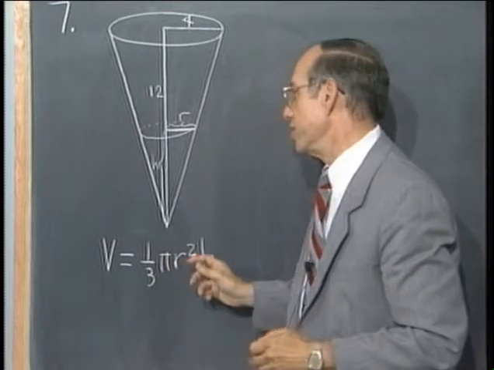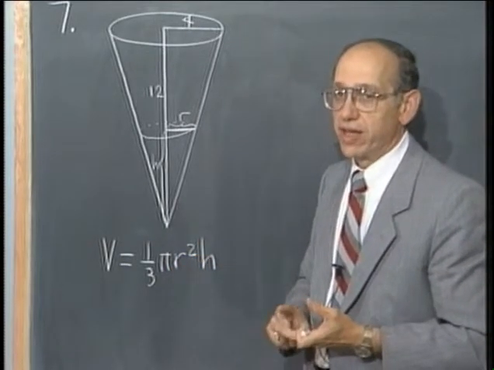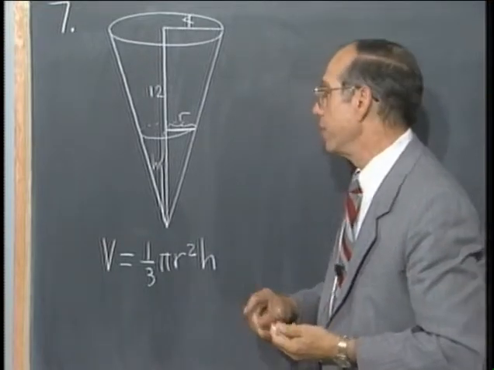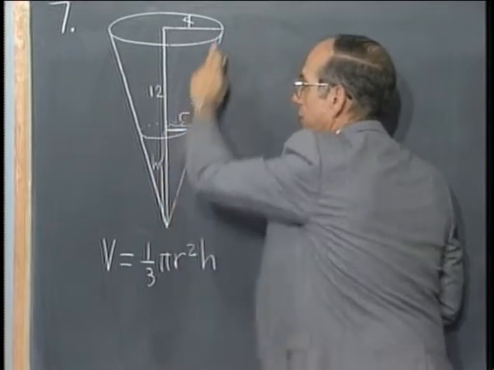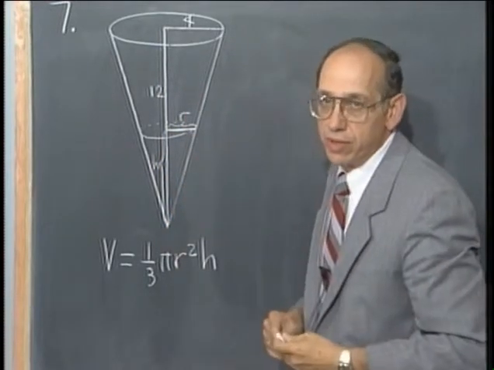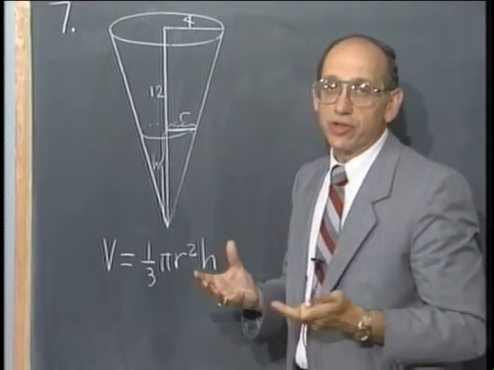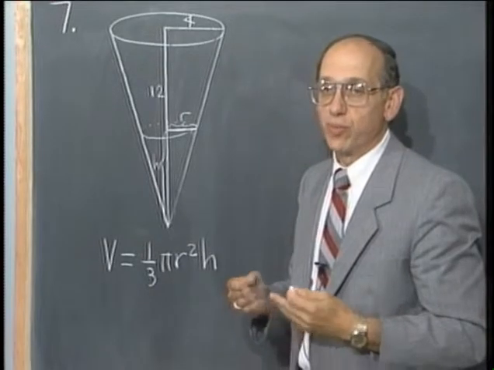However, you see, there is a relationship between the radius and the height that comes from the diagram. If you look at this cross-section, you see that this large triangle and this small triangle are similar. Sides of a pair of similar triangles must be in the same proportion.